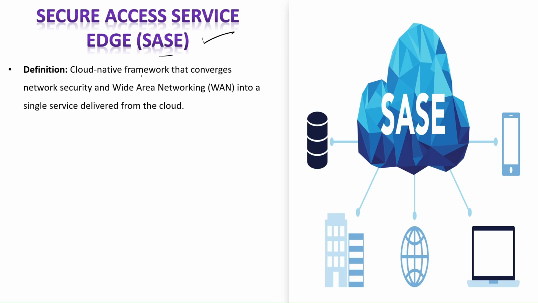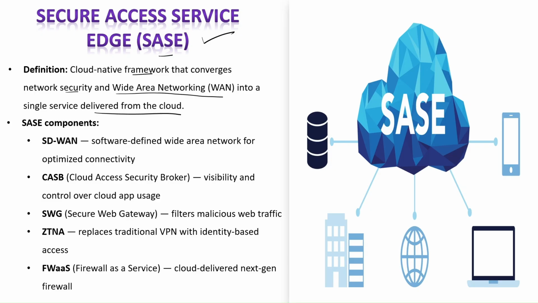Next is the Secure Access Service Edge, or SASE. This is a cloud native framework that converges network security and wide area networking, WAN, into a single service delivered from the cloud. Some SASE components include SD-WAN, that is software defined wide area network, for optimized connectivity of WAN.